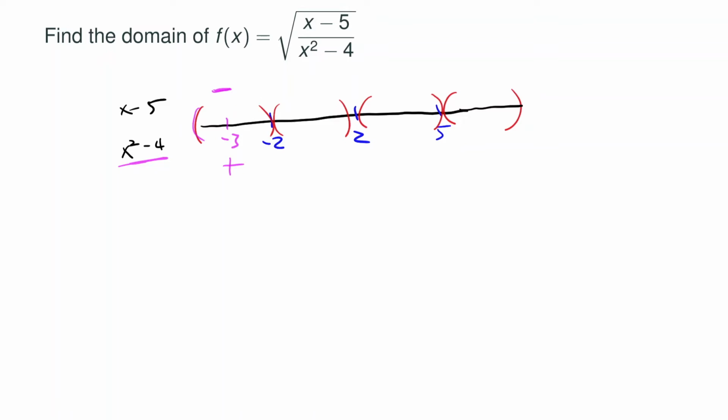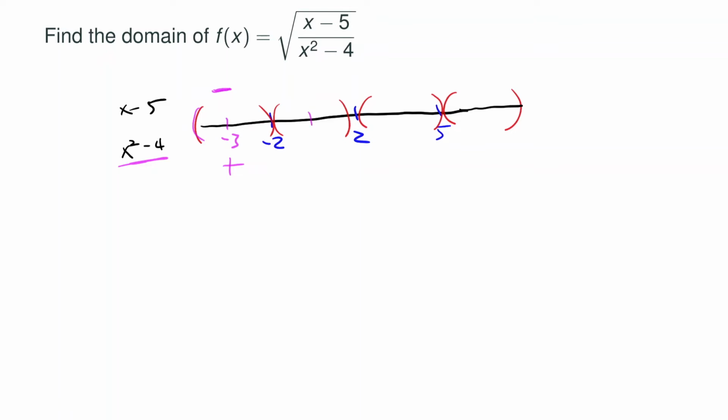So on this interval right here, from -infinity to -2, whatever I plug in, I'll always get a negative over positive, which means we cannot have that as part of the domain, because it will give us a negative number as a result. And we cannot take a square root of a negative number.